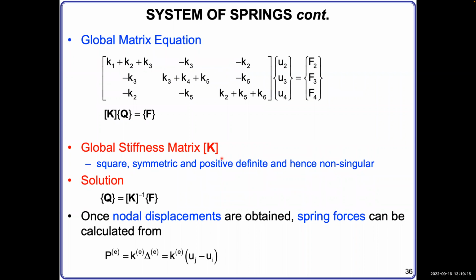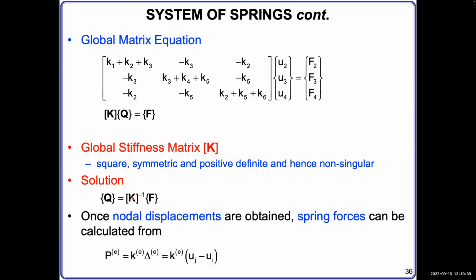Now from the global matrix we have K, Q as displacement, and F. This global matrix is square, symmetric, positive definite, and non-singular, so its determinant is not zero. We want to solve for Q. Because it is non-singular, it has an inverse.